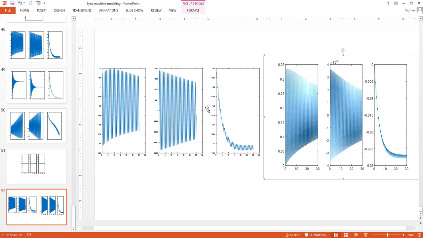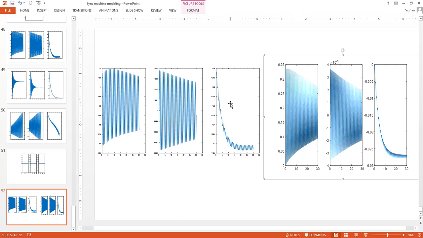To have a better comparison, you can superimpose these two. That means you can superimpose the first one here, that is for the delta, and the first one there. You can superimpose the second one on the left, the omega, and the third one on the right on the third one on the left.